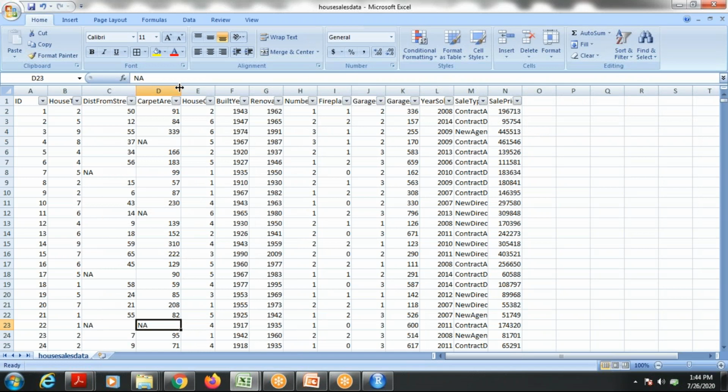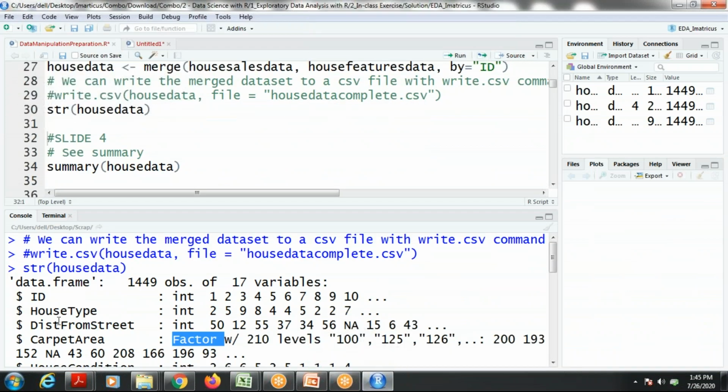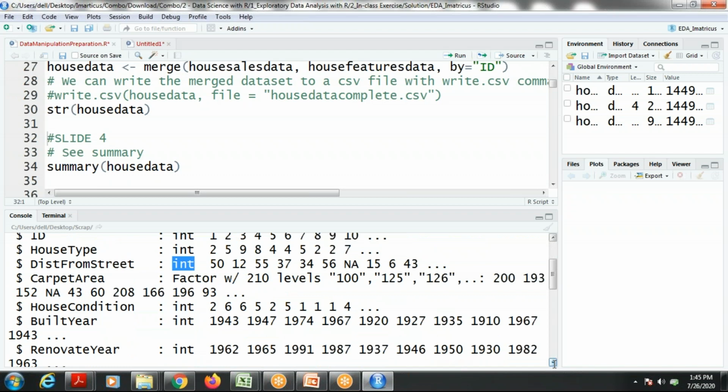Wherein the distance from the forest also has numbers and NAs, but if you look at the data, it is taking that as integer. So that is one challenge for us. The moment we read the data, R tries to do the interpretation or reading in the best possible way, but there is no guarantee that it is doing everything correctly. That's what we just saw.